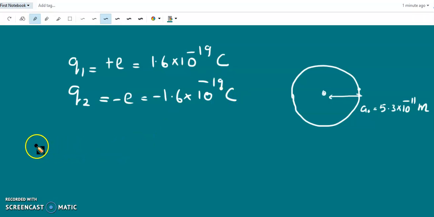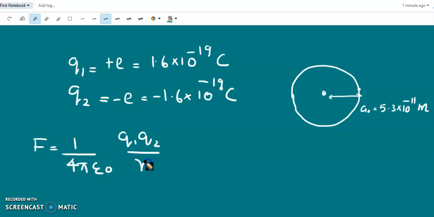So we can easily find the electrostatic force between them, which is equal to 1 by 4 pi epsilon 0 Q1 Q2 divided by r square. R here is the Bohr radius A0, which is 5.3 into 10 to the power minus 11 meters.